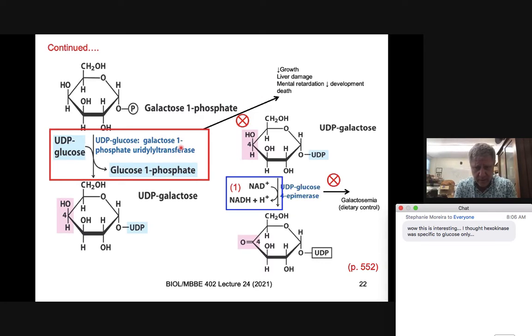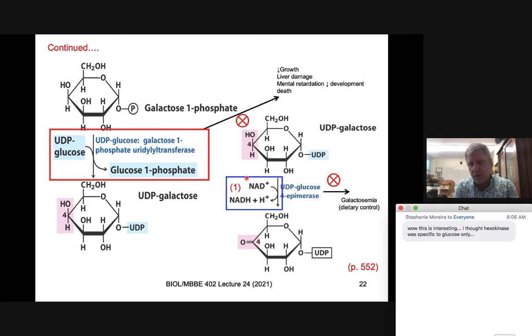We also have another component where we can take the UDP galactose and do some other things with it. And I'll show you in a second. But one of the issues is if we have that UDP galactose, we need another enzyme to produce this particular compound. And this gives us the control of allowing us to move this molecule through the system and delimit the galactose 1-phosphate concentration.